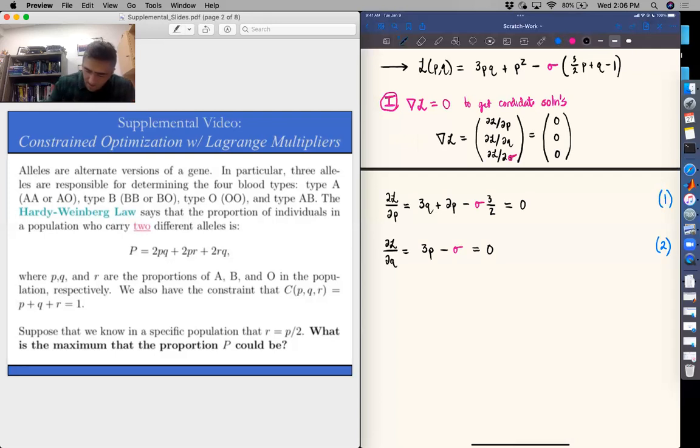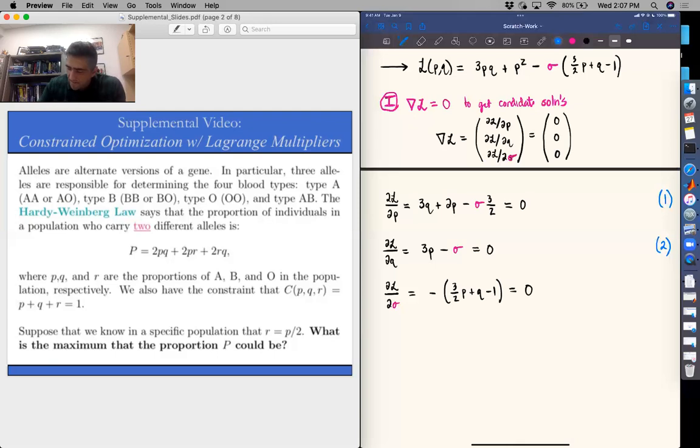All right, finally, taking the partial of our Lagrange function with respect to sigma, we basically just get back what that constraint is. But we have minus sigma times the constraint, 3/2 P plus Q minus 1. And again, we're setting that equal to 0 because each of those partial derivatives is a term in the gradient.